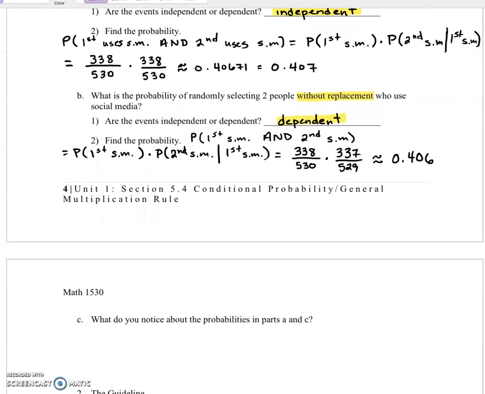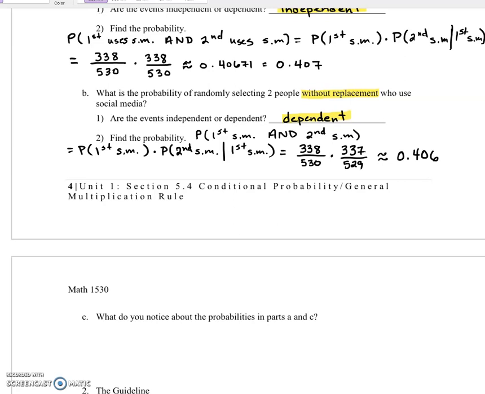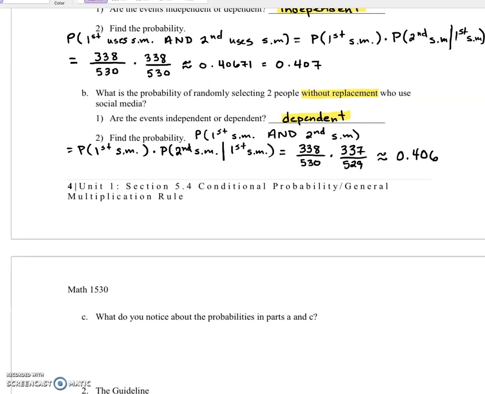So what do you notice about the probabilities we found in parts A, and that should say B, sorry. They are very close, right? Part A, we had 0.407. And part B, we had 0.406.